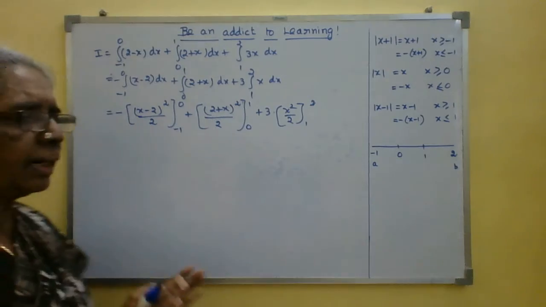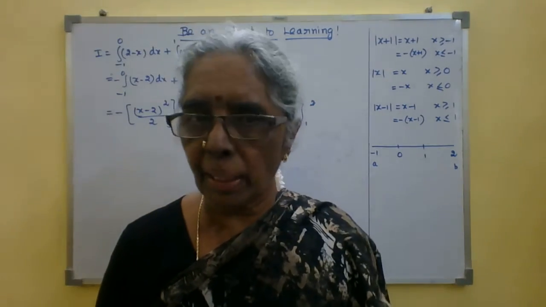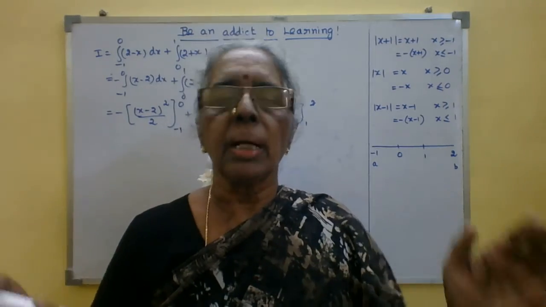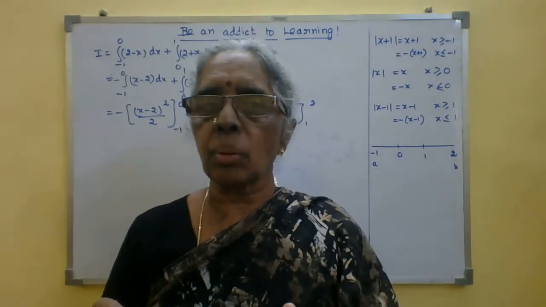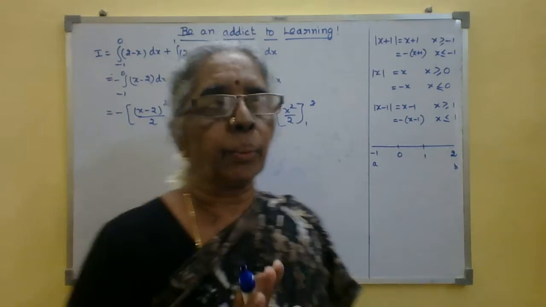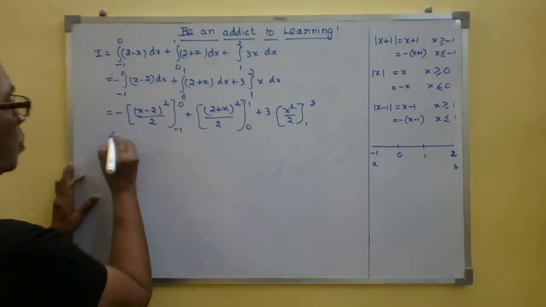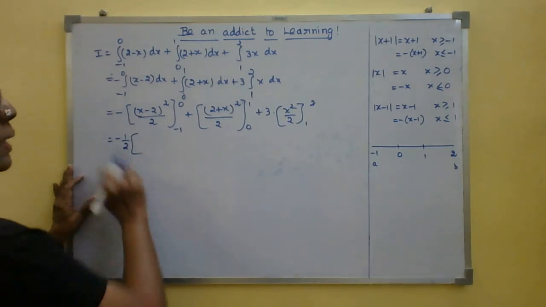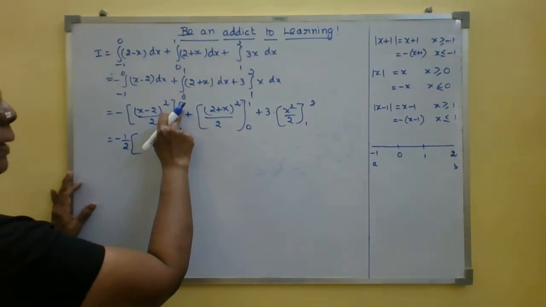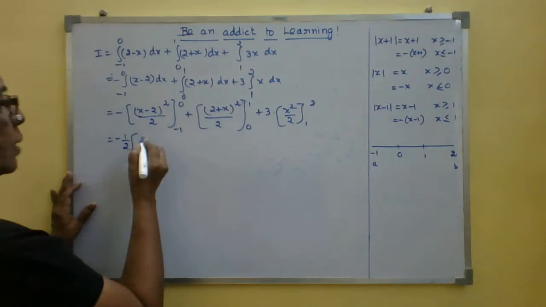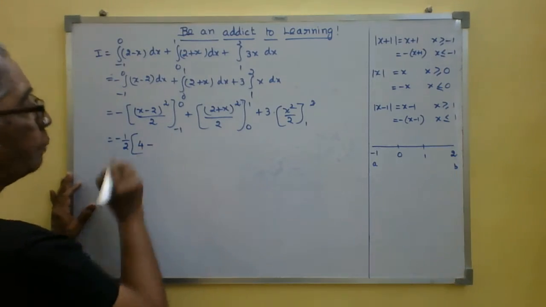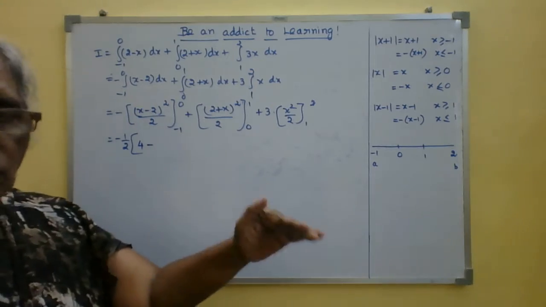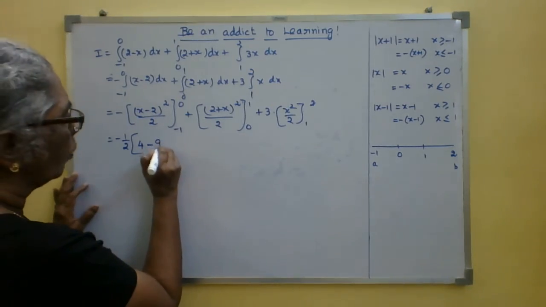Now generally whenever you substitute the limits, it is better you avoid the fractions. You can take all the constants out and then substitute upper limit minus lower limit, and that will be easy for you. So here I am taking this 2 out, so I get minus 1 by 2, and I have x minus 2 the whole square. First the upper limit is 0, so I get minus 2 the whole square, which is 4. Then minus the lower limit, which is minus 1. Minus 1 minus 2 is minus 3, and minus 3 the whole square will be 9.